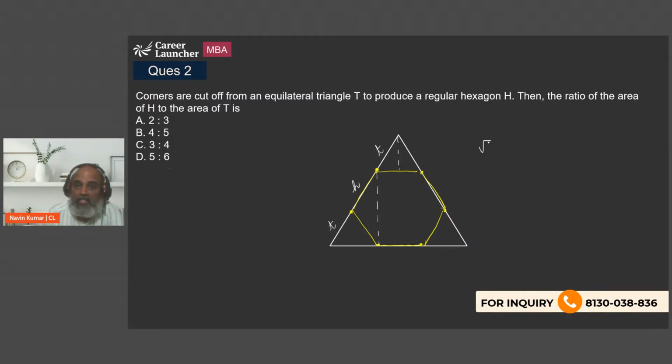Now, the height of this equilateral triangle will be √3/2 times its side. Here, the side being h plus 2t. This is going to be √3 times h, which is this.